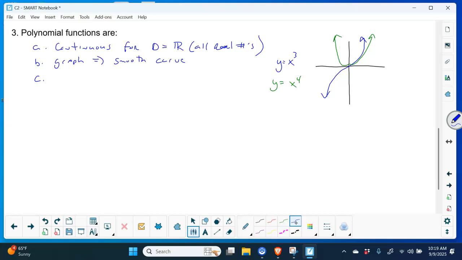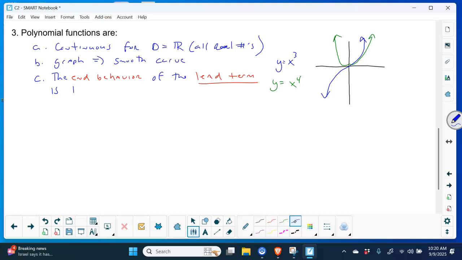And then C is really important. And I'm going to go to red here, end behavior. We've talked about this in the last chapter. The end behavior of the lead term. That's the highest powered term, right?